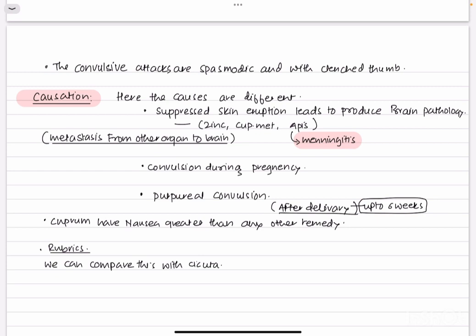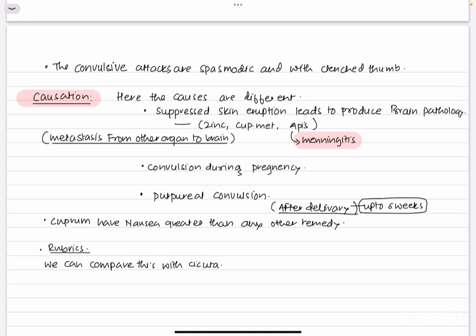Now the causation. If we look into Zincum metallicum, we find that when we suppress the skin eruption, it leads to brain pathology, and in such cases we get this remedy.